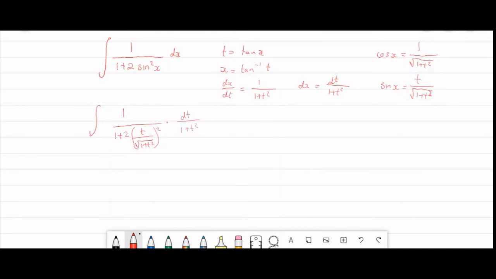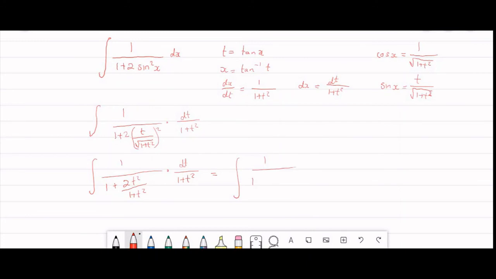So therefore, let's do our math. So if we do our math, we'll say 1 over 1 plus 2t squared over 1 plus t squared multiplied by dt over 1 plus t squared. So therefore, we can say now our integral 1 over 1.